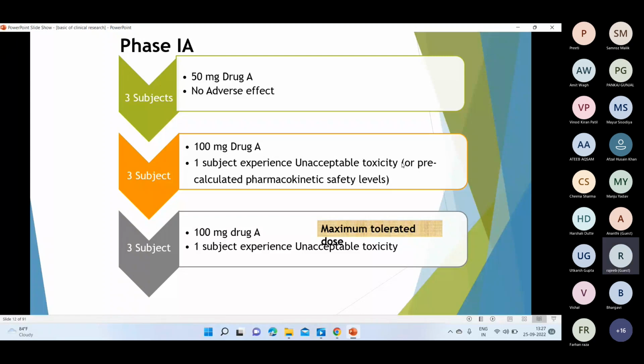Suppose he is having high blood pressure because of your drug at 100 mg. Now we will recruit some more subjects, say three more subjects. Again one subject is having the same toxicity. Now this 100 mg is our maximum tolerated dose. With the name itself you can understand, right? The dose which can be tolerated to the maximum extent by any human being, that will be the maximum tolerated dose. That dose we will determine in phase 1.